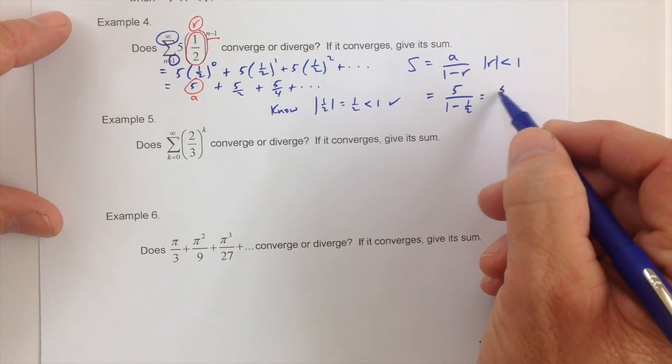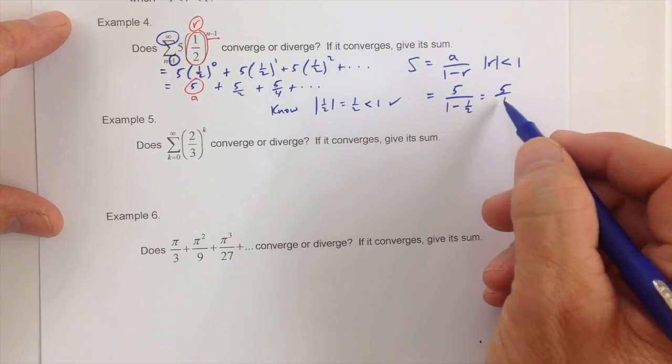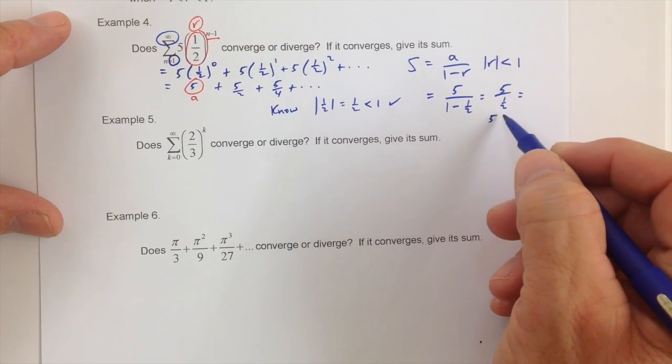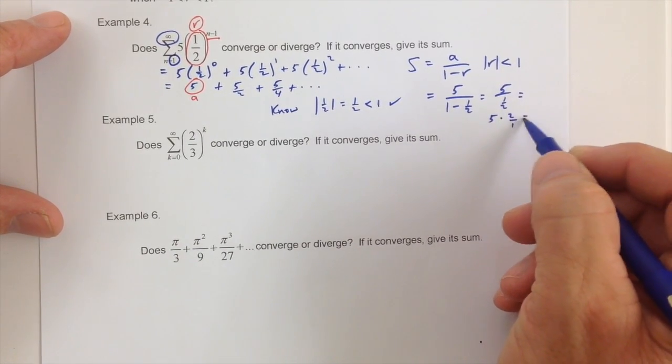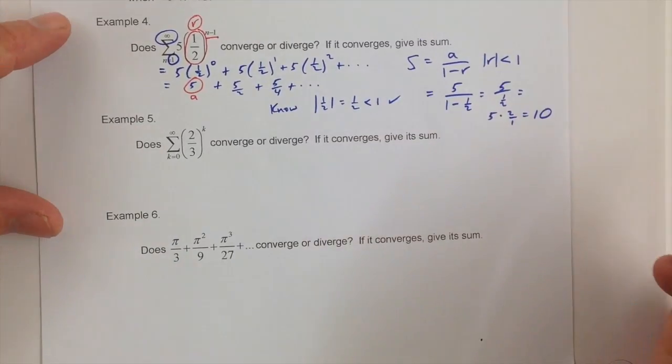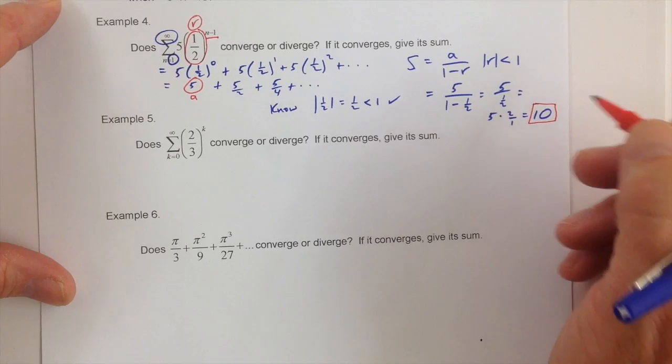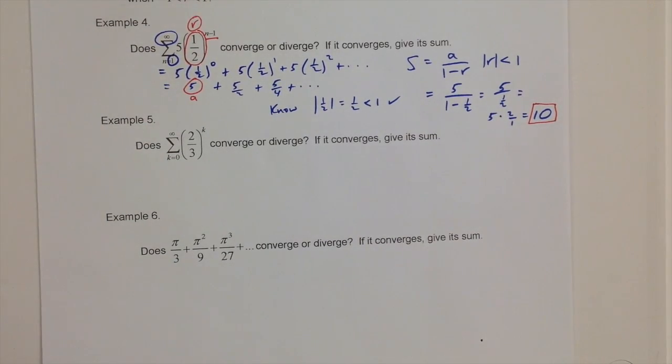That's 5 divided by 1 minus 1/2, which is 1/2, and 5 divided by 1/2 is 5 times 2 over 1, which is 10. I urge you to not try to do too much in your head. There's a lot to think about in this unit. So the sum of that series is 10.